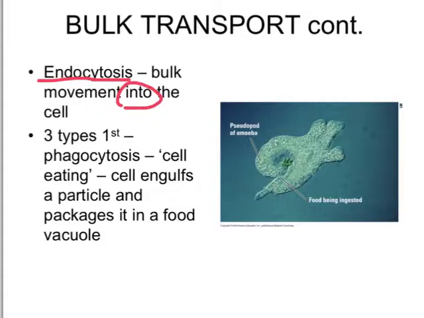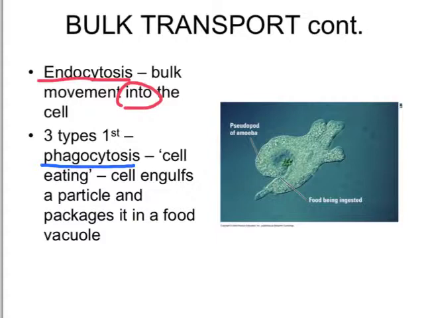So let's take a look at some types of bulk transfer. The first type we're going to talk about is phagocytosis. This basically means the cell is eating. The cell engulfs particles and packages them in vacuoles. It takes it, surrounds the membrane around it, and then that membrane pinches off and becomes a food vacuole inside the cell.